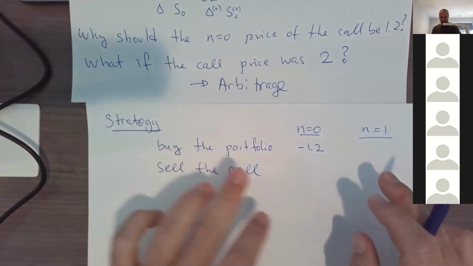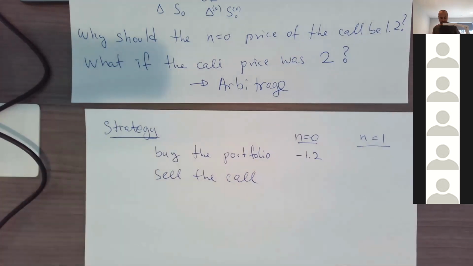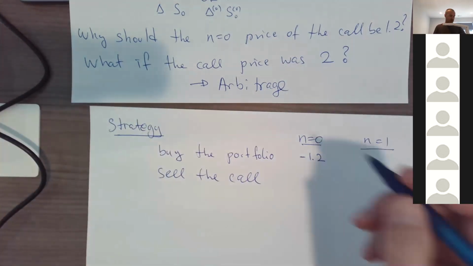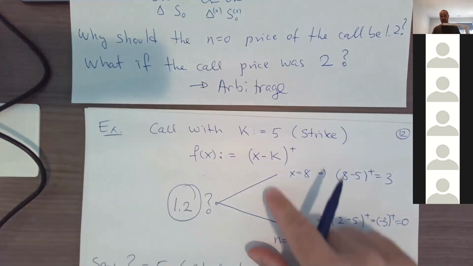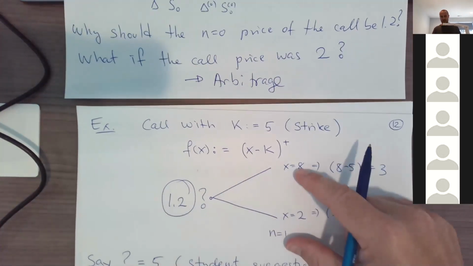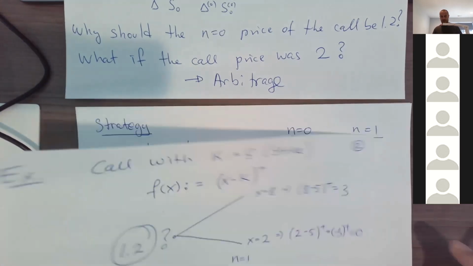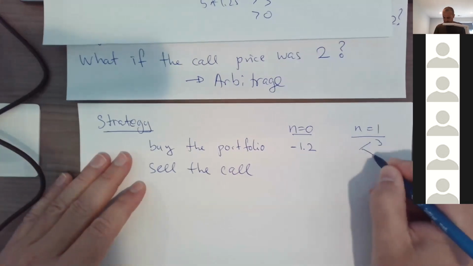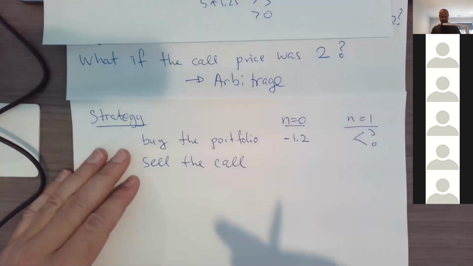And then at the end, you're going to get stuff from the portfolio because you have it. You're paying 1.2 and you're buying this tree, so you're going to get 3 and 0 at time 1, depending on the contract. You're going to sell the call.